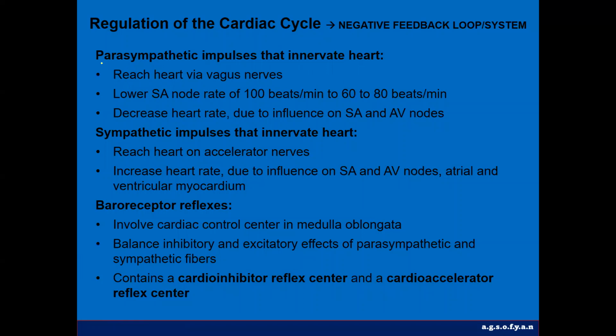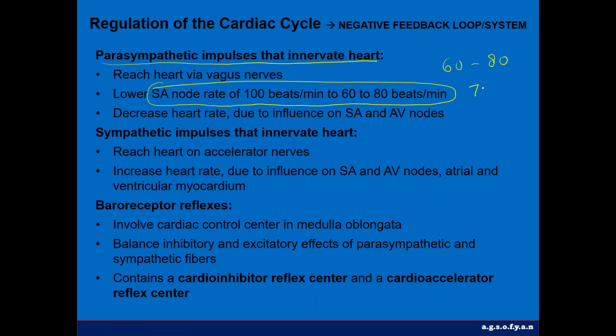So again, the parasympathetic impulse will send the information to the SA node, and it will lower the heartbeat to a normal heartbeat between 60 to 80 beats per minute. On average, a normal, healthy heartbeat is around 72 beats per minute.